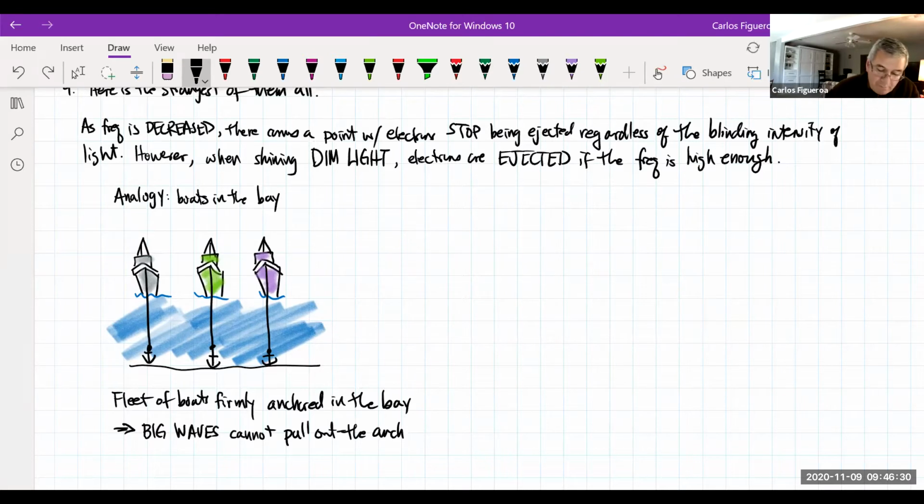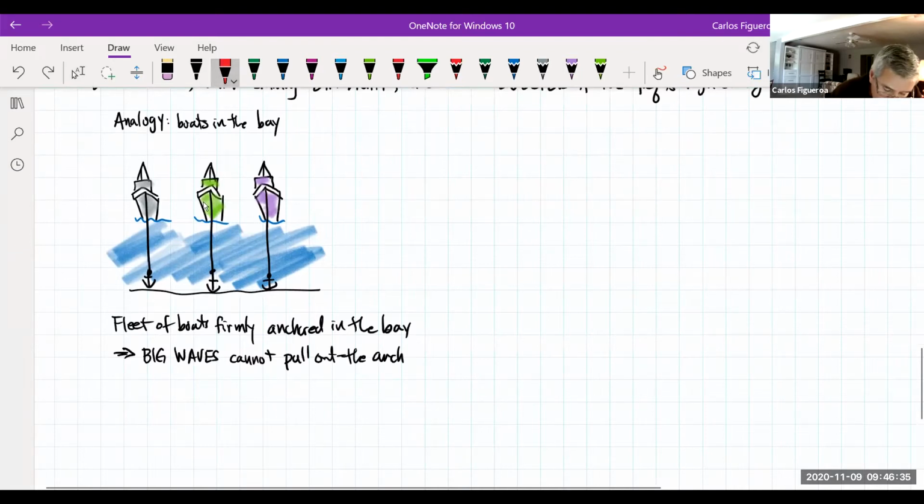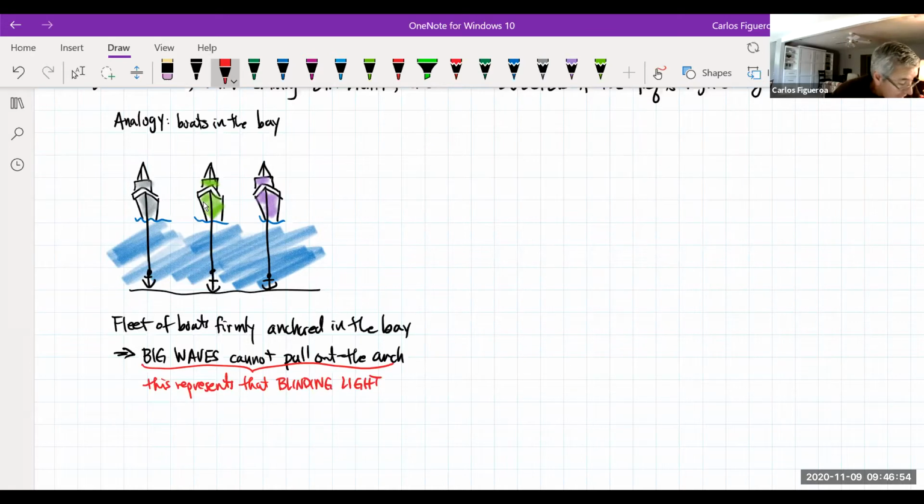Now, this is super important as far as the analogy is concerned. The reason it's super important is that what this is really talking about is that this represents that blinding light can't eject electrons from the metal.